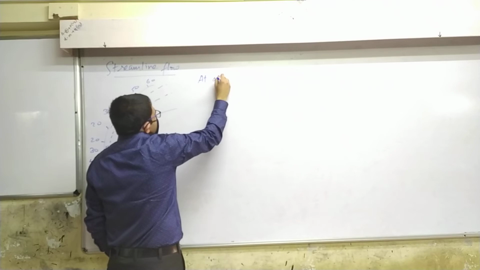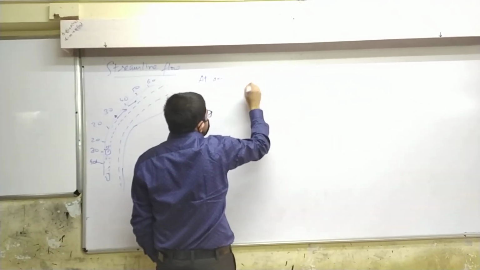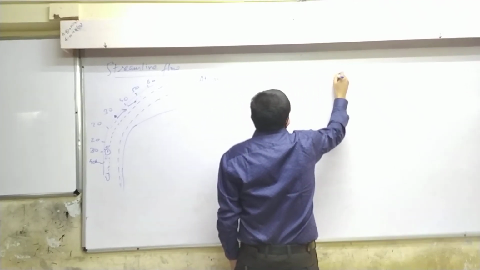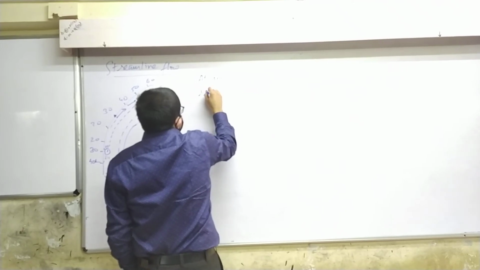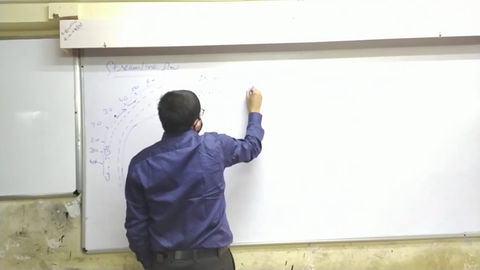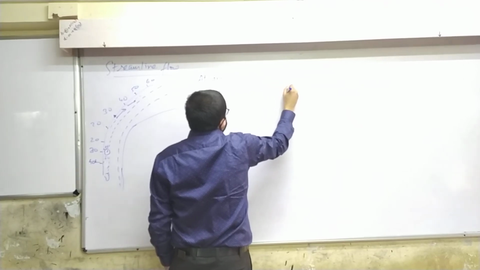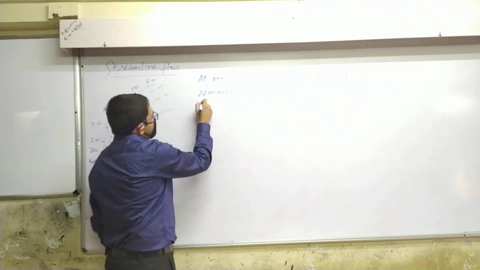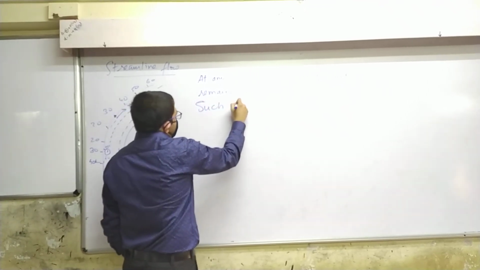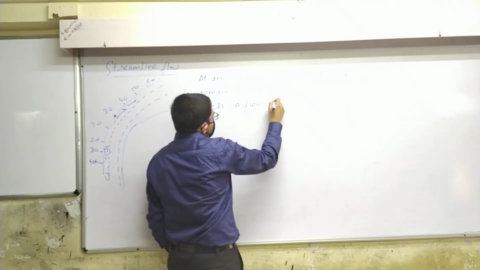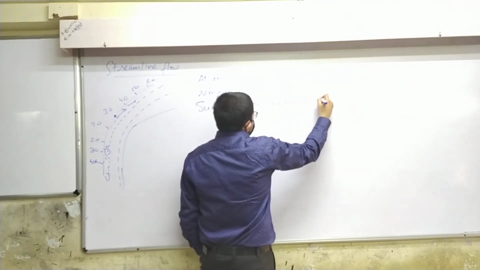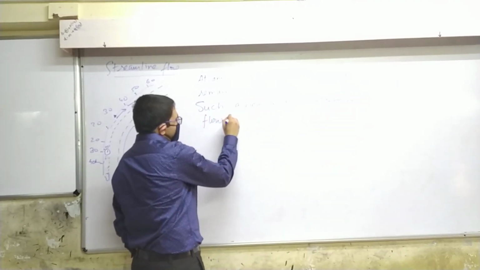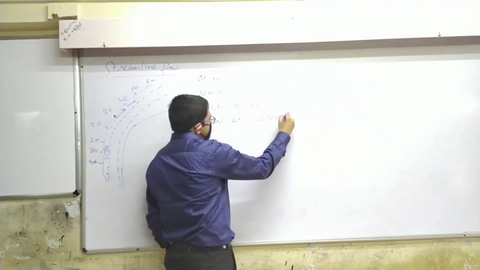At any point, the velocity of fluid remains constant in time. If a flow has this property, it is called streamline flow. Another name for this is steady flow.